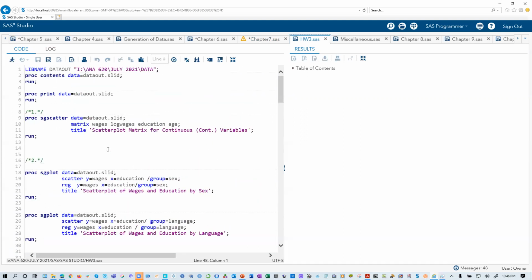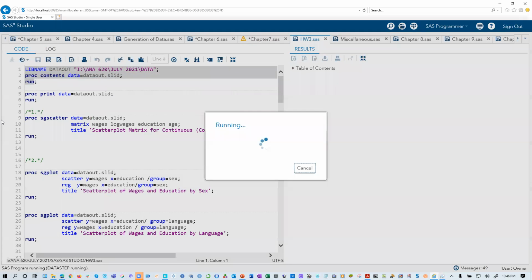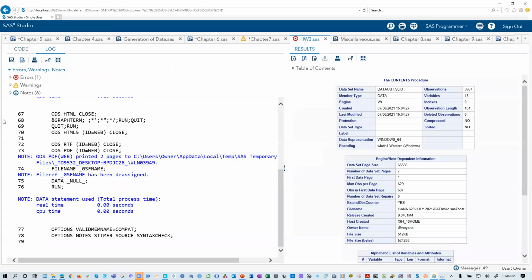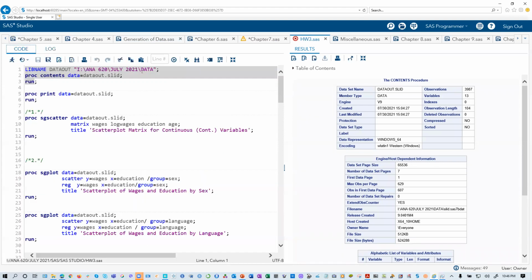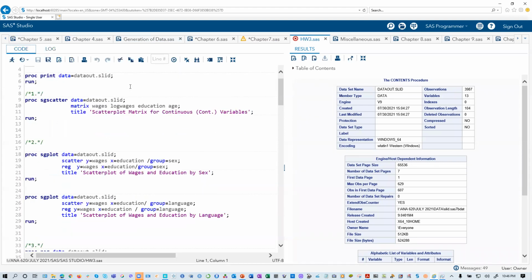Here they were given everything. That's the data, some of the survey data, and they were wages, log wages, education, and age. The scatter plot.